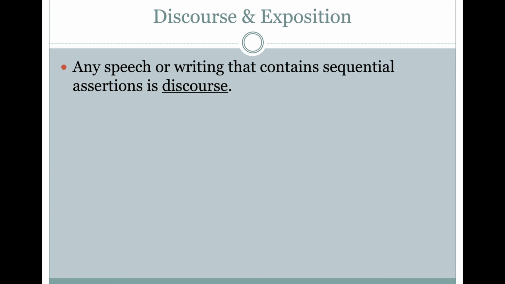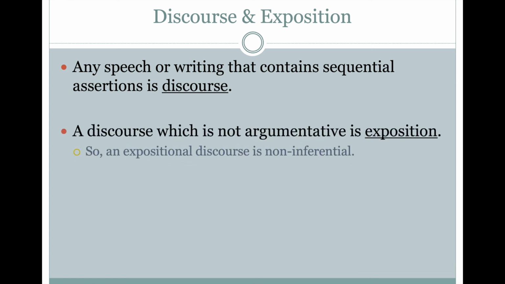If you have any writing or speech that contains one assertion after another, we would call that a discourse. Now, it may or may not be an argumentative discourse because it may or may not contain claims and evidence and inferences, or invite inferences. But we can talk about discourse as referring to just a sequence of assertions, that is, a sequence of publicly made truth claims or statements.